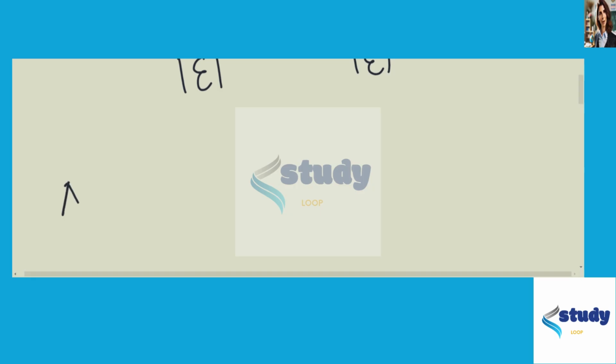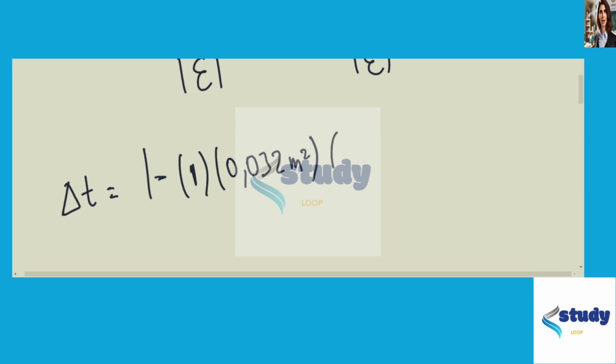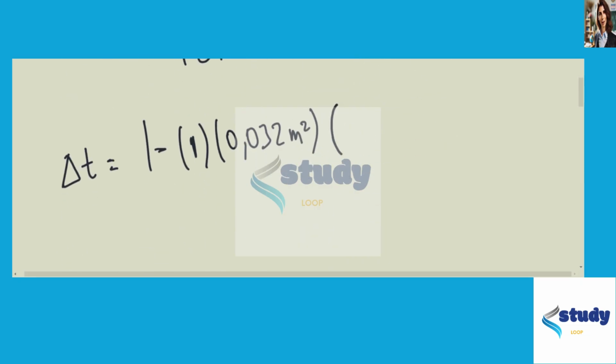We know that the number of turns, that capital N, is just 1. We have 1 turn, so that will be minus 1 times the area, which is 0.032 meters squared, times the difference between the final magnetic field and the initial one.